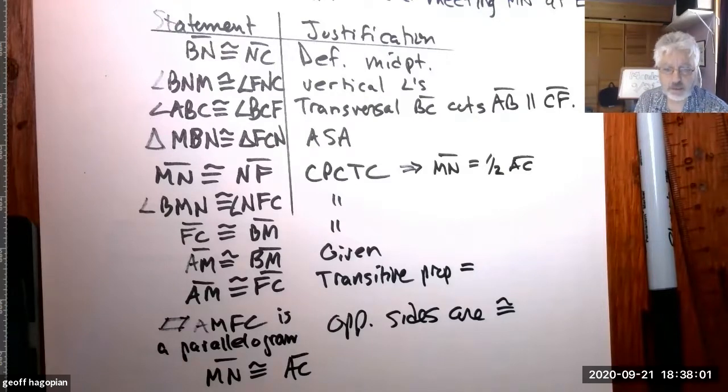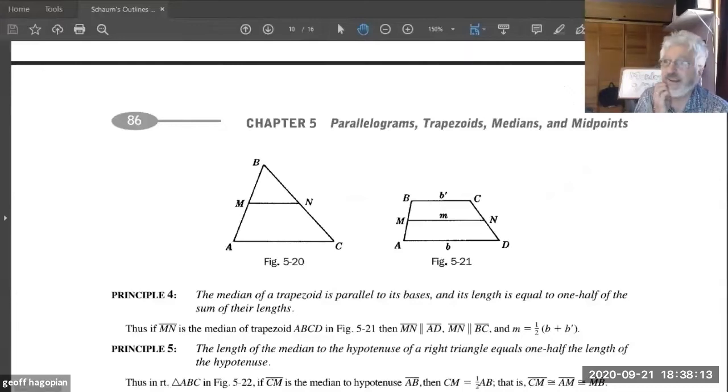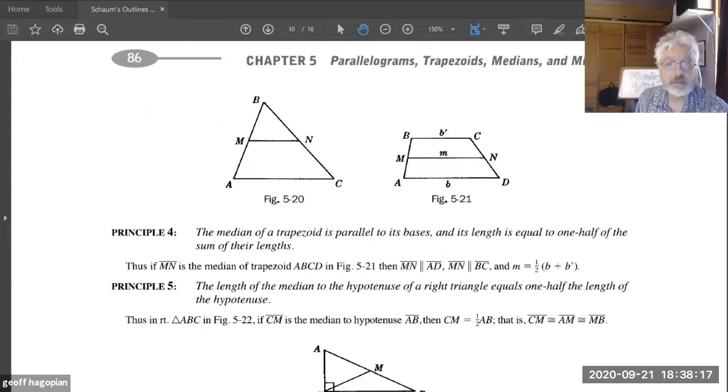I guess I want to get up our textbook on the screen here, which I do like so. Here. Okay. And so we got principle 4. Principle 5, the length of the median to a hypotenuse of a right triangle equals 1/2 the length of the hypotenuse.